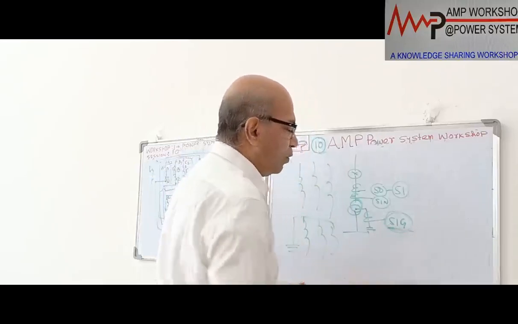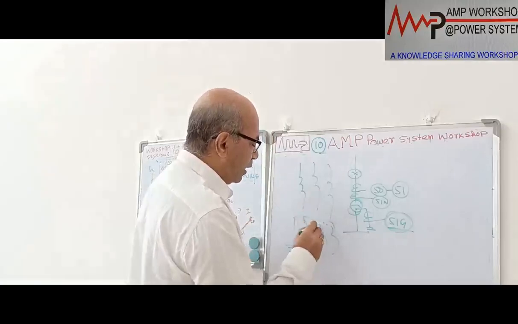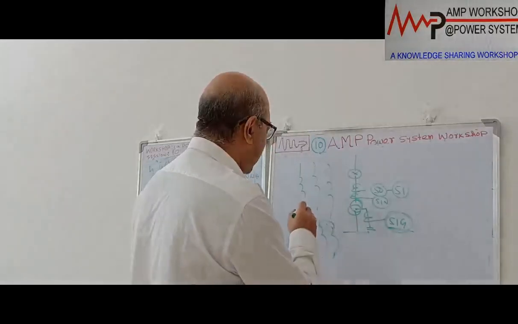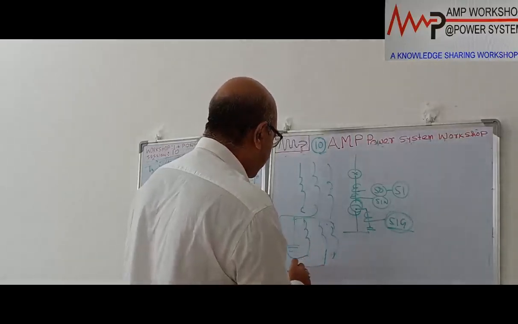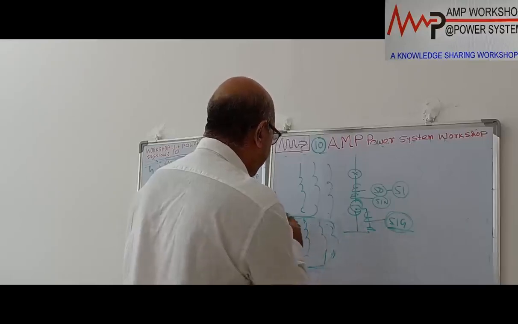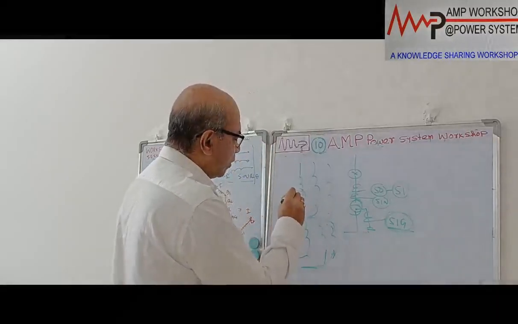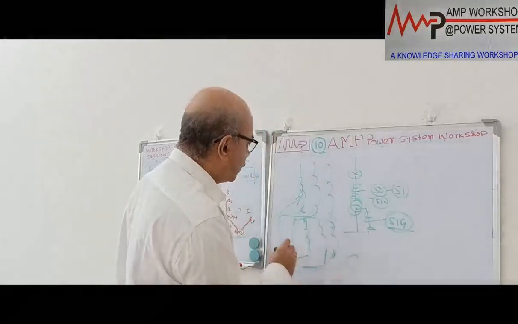This 51Z is common, because when there is any fault in the transformer itself, suppose this winding is grounded, this is the neutral point. Now if there is an earth fault, and this is connected over C phase, and this is connected over A phase, then based on this earth fault, the current will come and flow distributed through this.